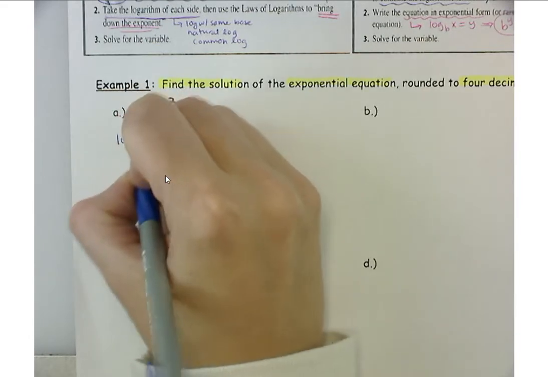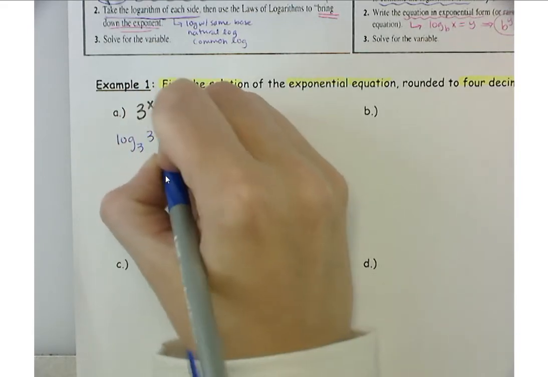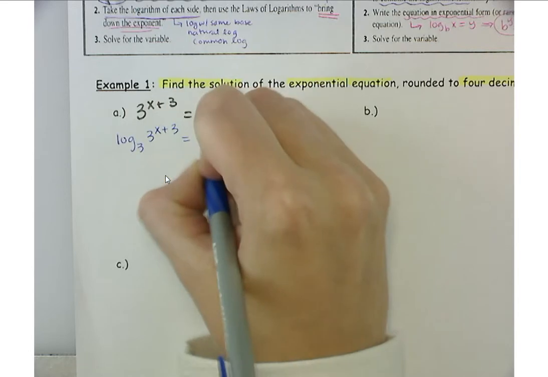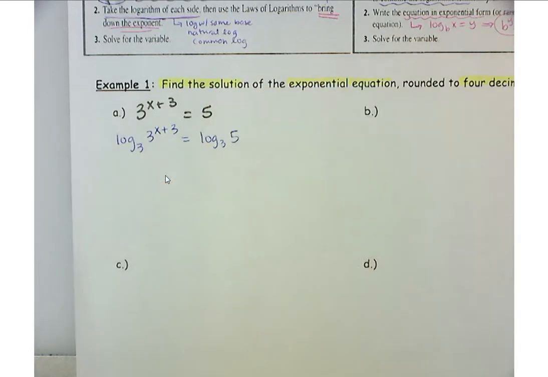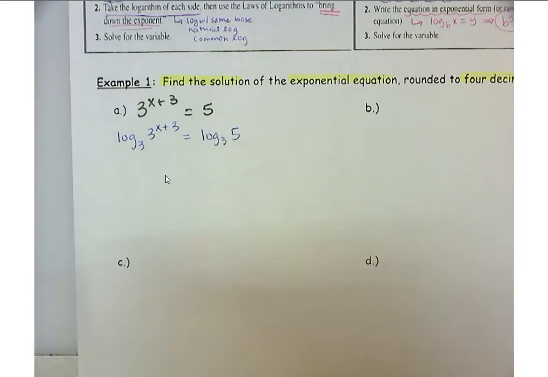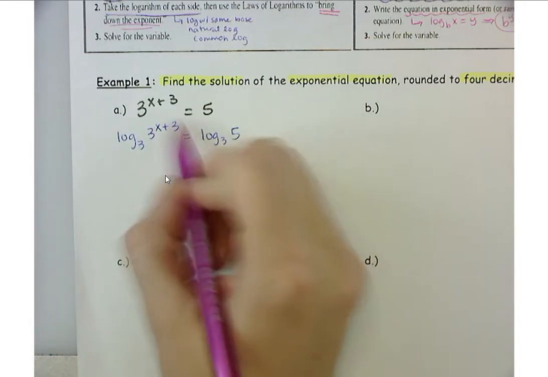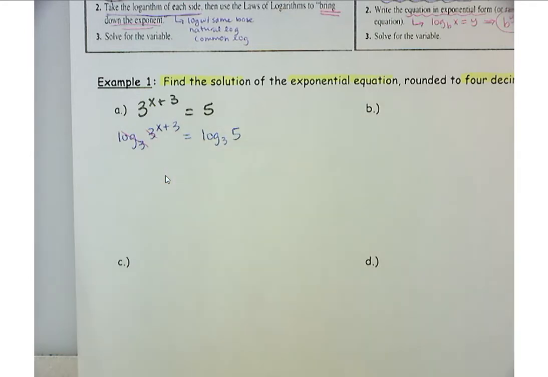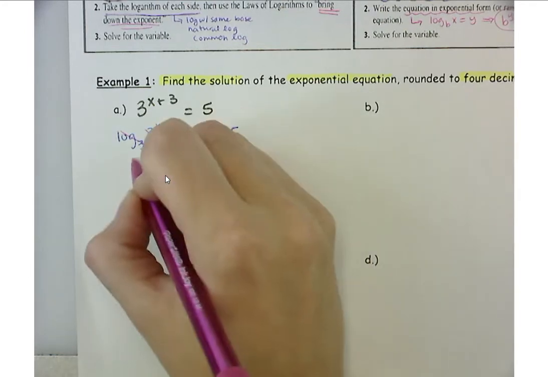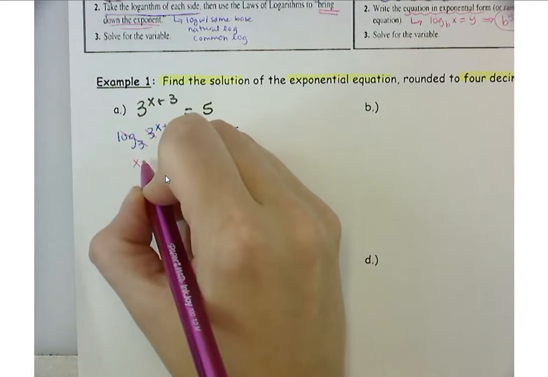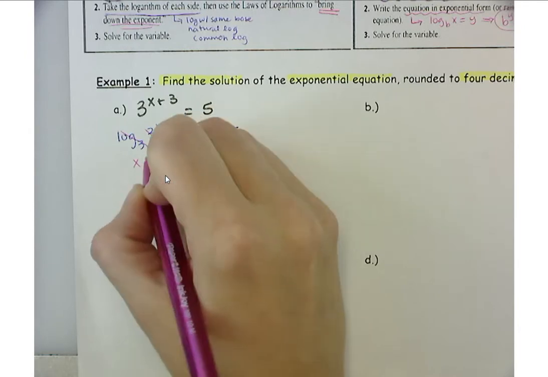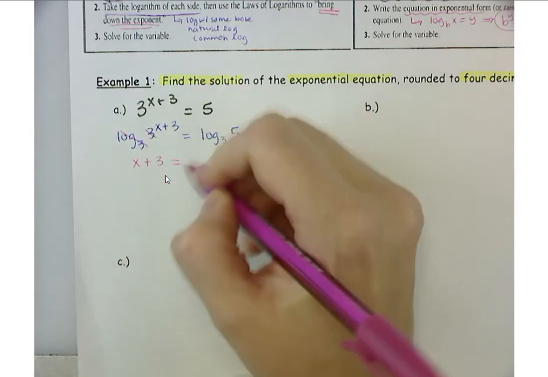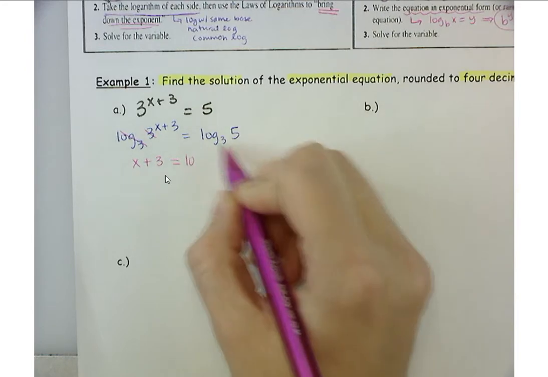So log base 3 of 3 to the x plus 3 equals log base 3 of 5. So again, remember we're using the power rule. If you have a log and an exponent, where does that x plus 3 go? In front, right? So you bring it down. So we bring down the x plus 3. And then we have log base 3 of 5.